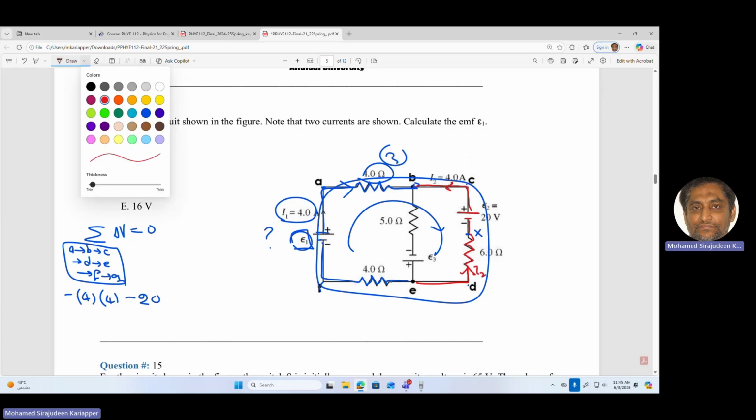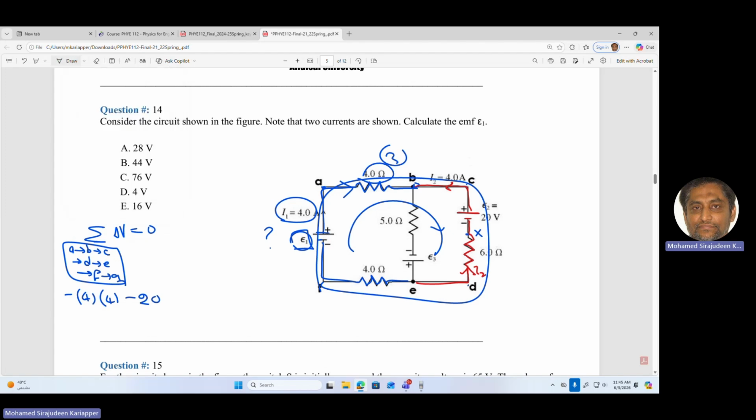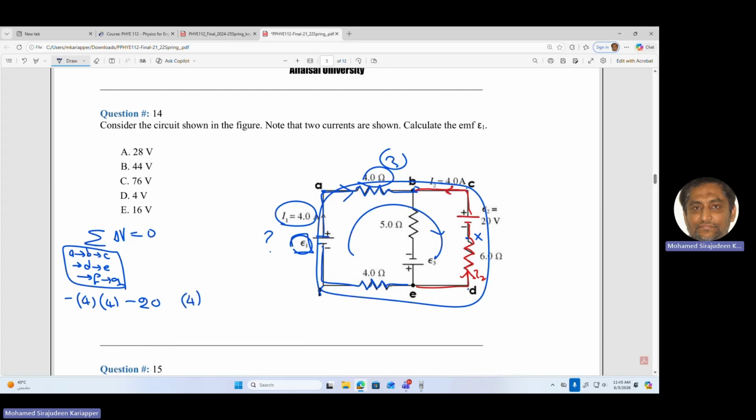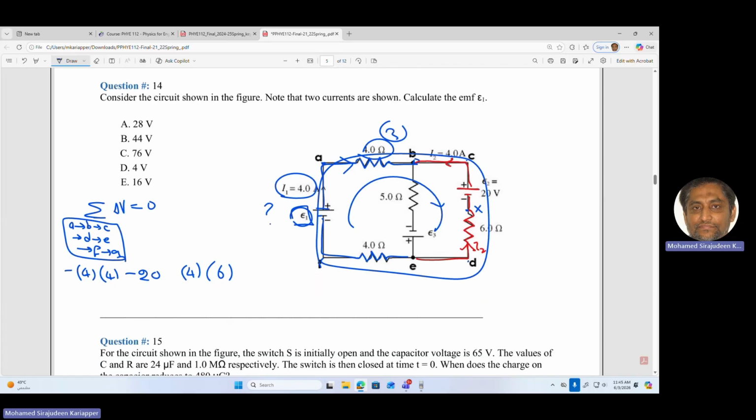Okay, now let me go back to the blue color. Right, so this will be I2, and I2 is 4 amperes again. So 4 multiplied by 6, the resistance is 6. Now, you are going X to D, but the current is flowing D to X in the opposite direction, so positive.